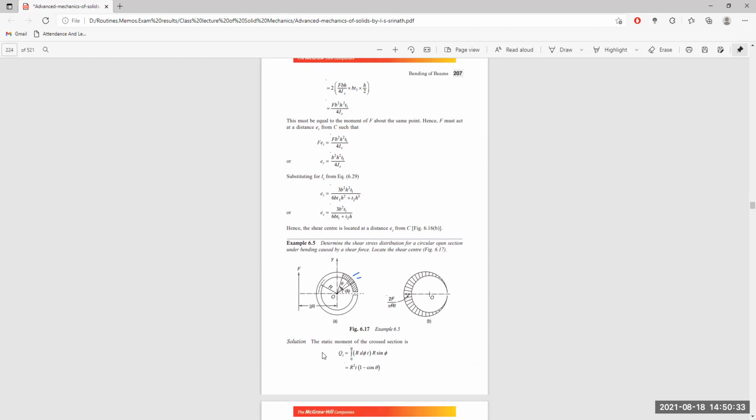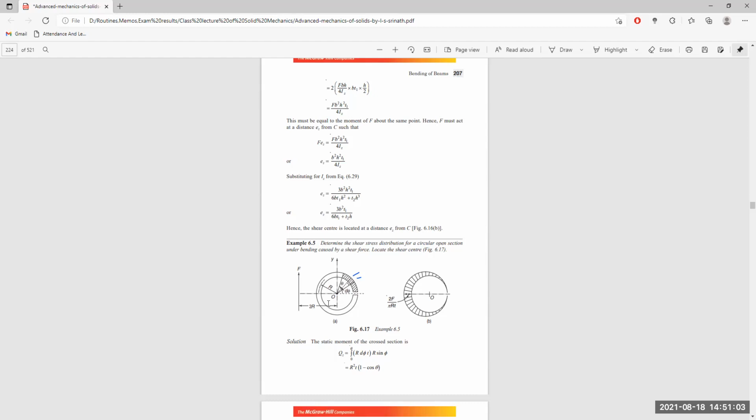The static moment of the cross section will be like this. We have O as the center of the ring, and theta from the horizon, and we are considering a section of the beam from the free end up to this end, which is at an angle theta from the horizon itself. We have an elemental length here at an angle phi, and this element has an angle equal to d phi itself.